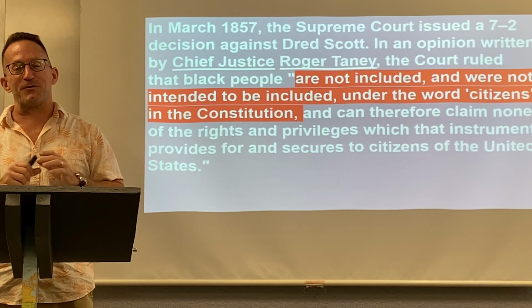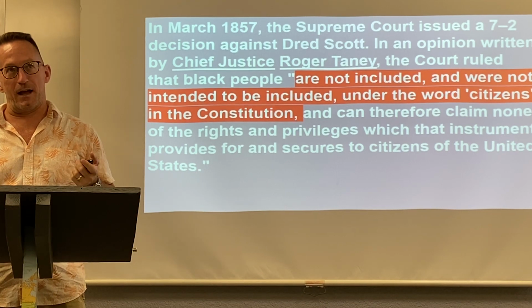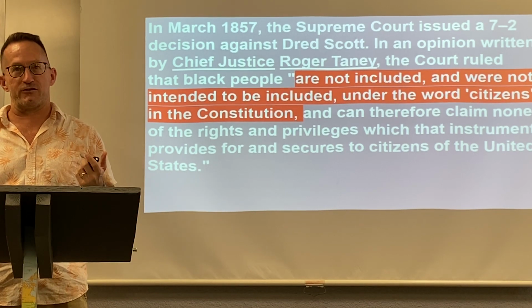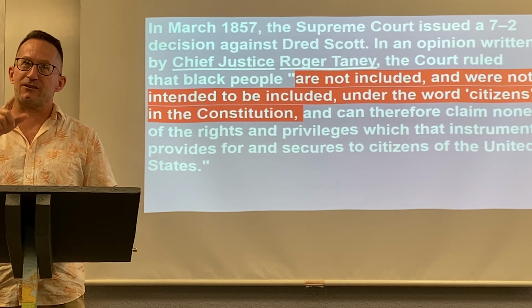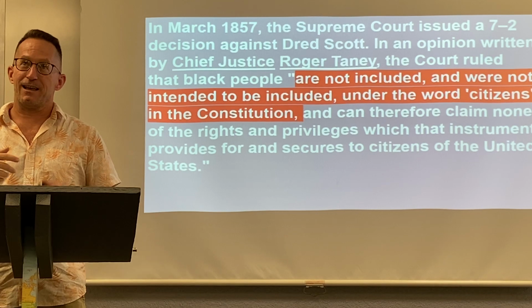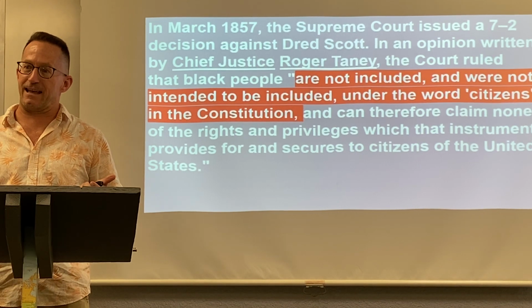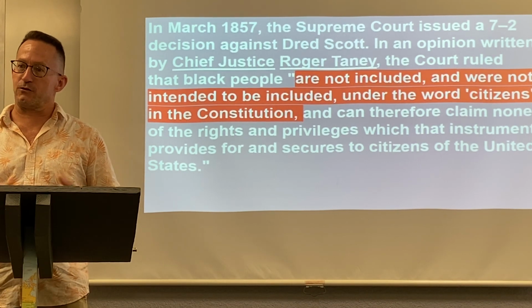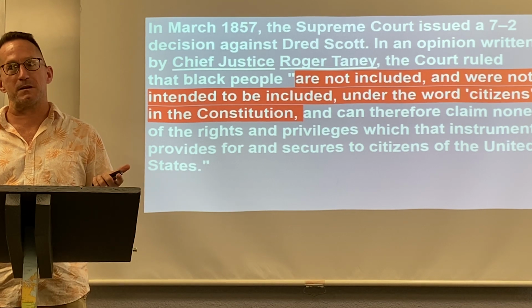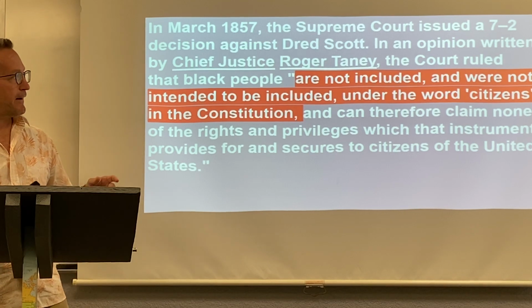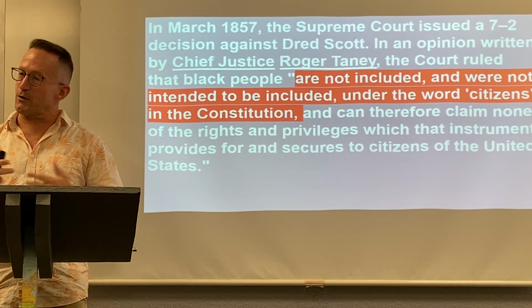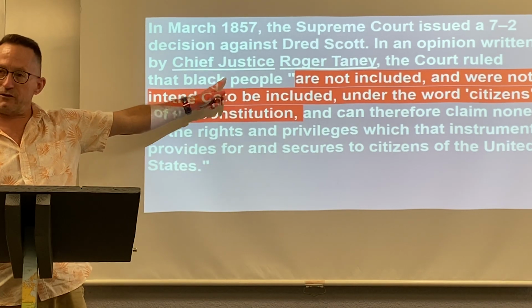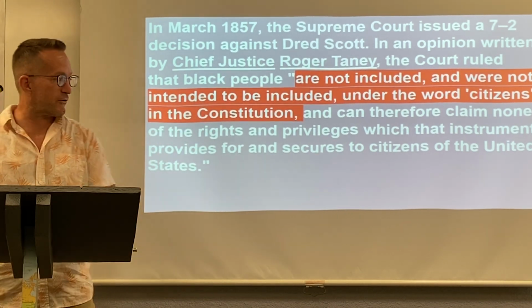I'm not saying that affected their decision making, but it doesn't take a lot of imagination to think, if the Supreme Court justice is a Southerner who owns slaves, is he going to make a decision saying, hey, guess what? African Americans are full citizens, which would probably mean they shouldn't be held as slaves? Yes. And these are some of the reasons why historians today universally say this is one of the worst decisions in Supreme Court history.